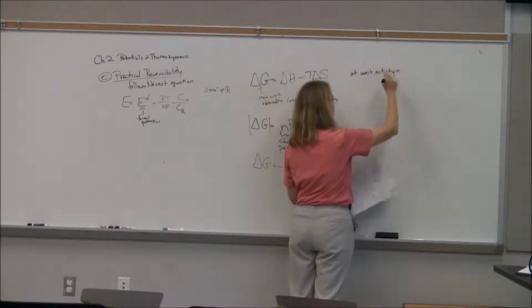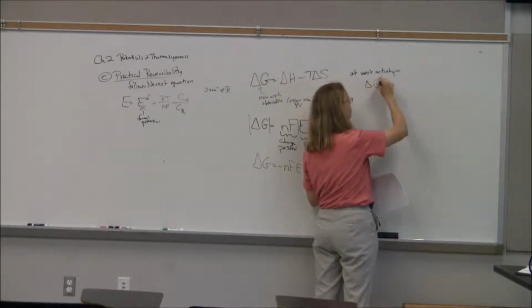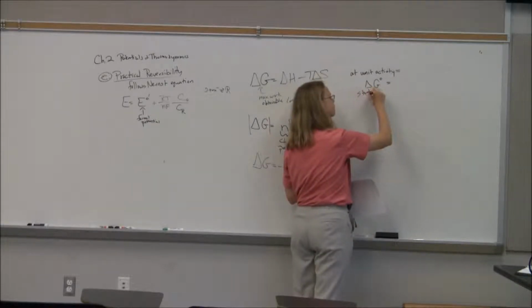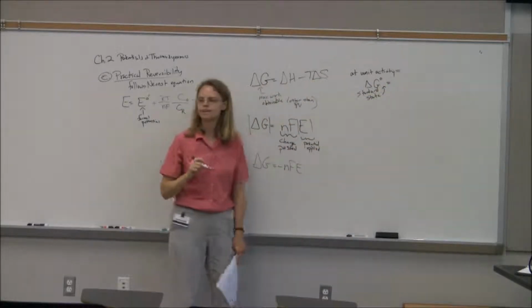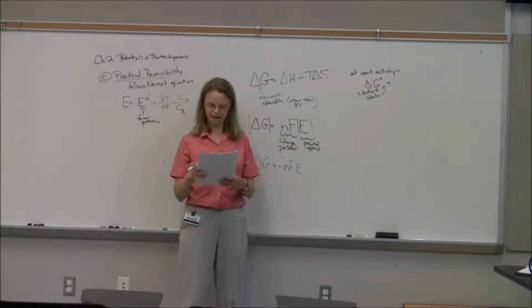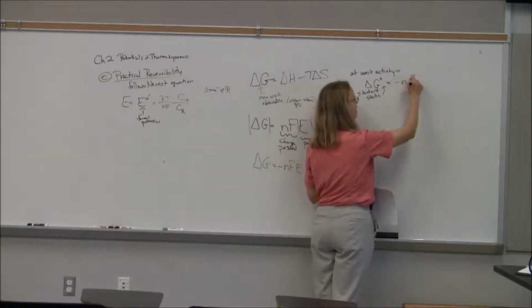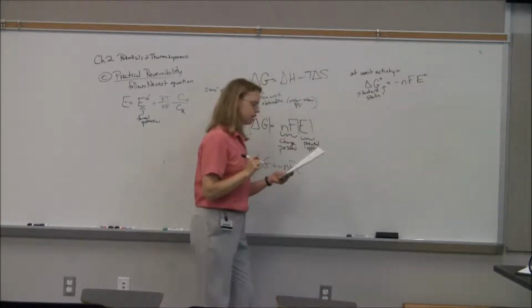Okay, so if everything was at unit activity, meaning all the activity coefficients were 1, we would get a standard state delta G. So this delta G0 would be equal to minus nF E0.